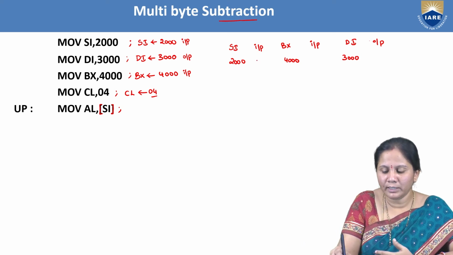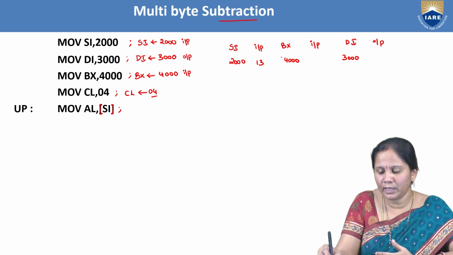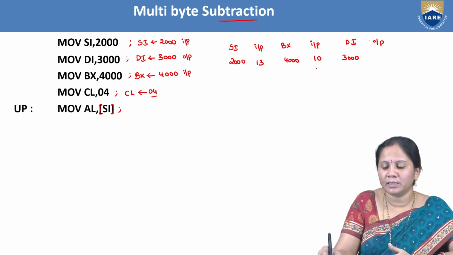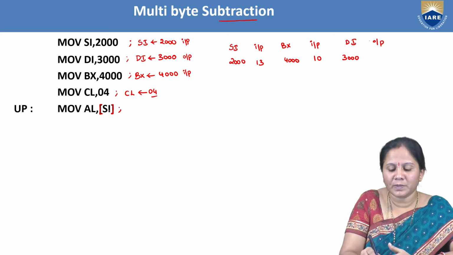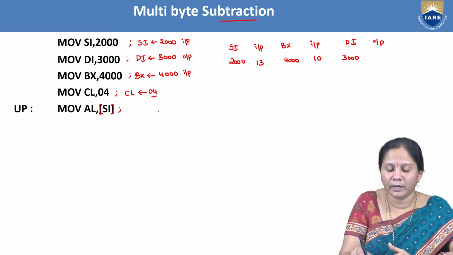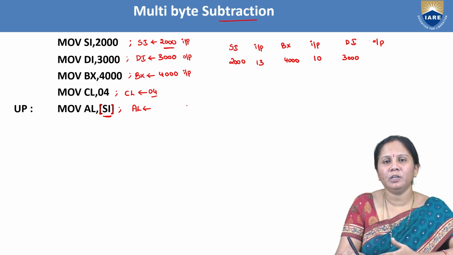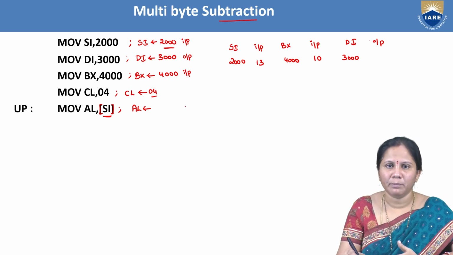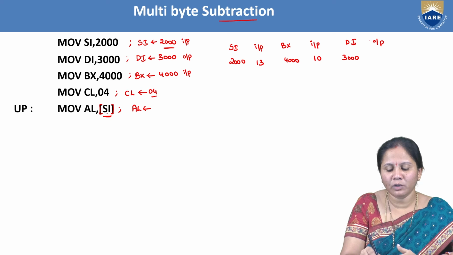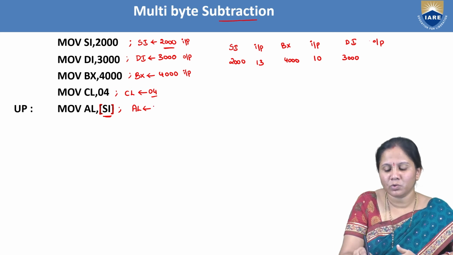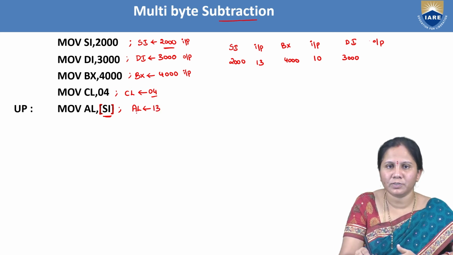So here the contents that are present, for example, take 13 and 10. So the content present in SI will be loaded into AL. The content of SI will be moved into the AL register. So in SI there is 13. So 13 will be moved into the AL register.